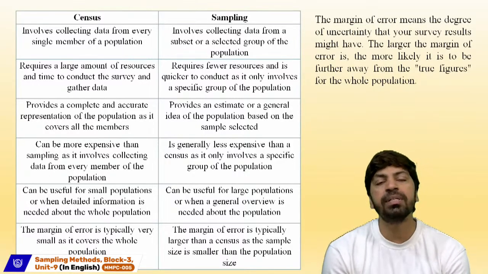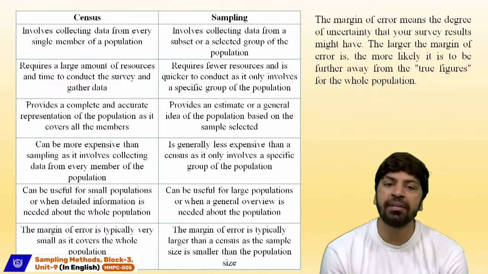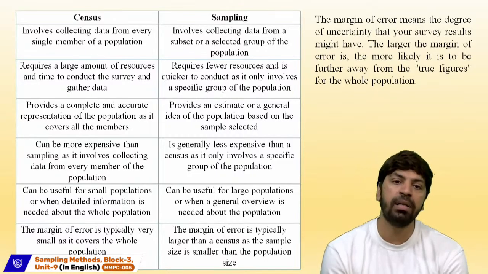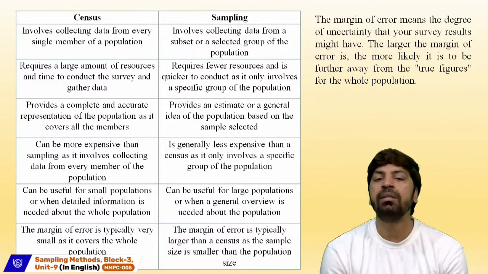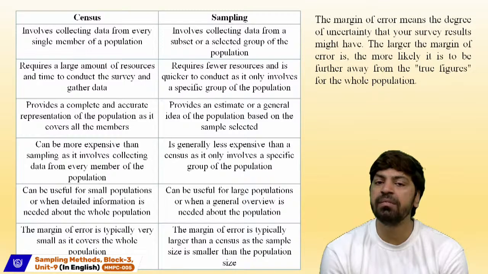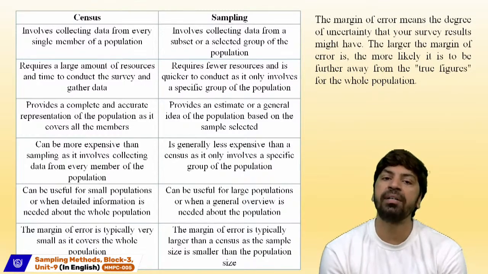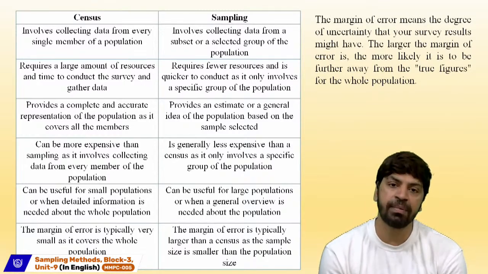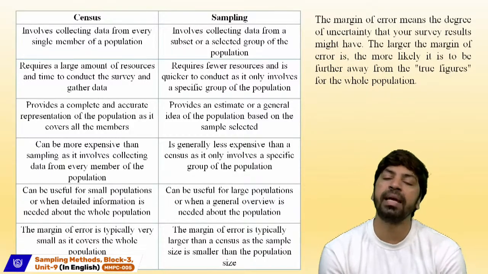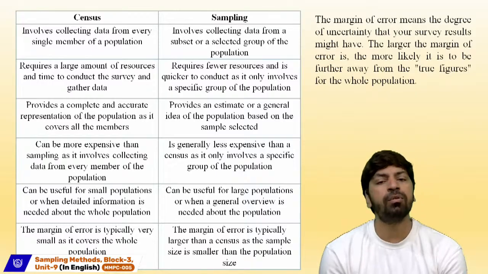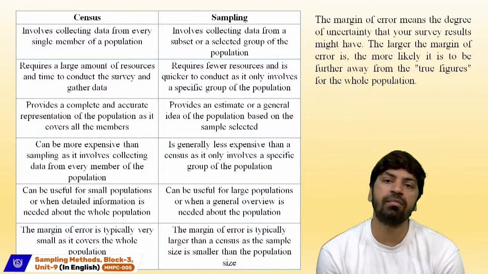In case of the census, the margin of error is very small, as it covers the whole population. But in case of sampling, the margin of error is larger than the census because the sample size is smaller than the population size. Now the question arises, what is margin of error?